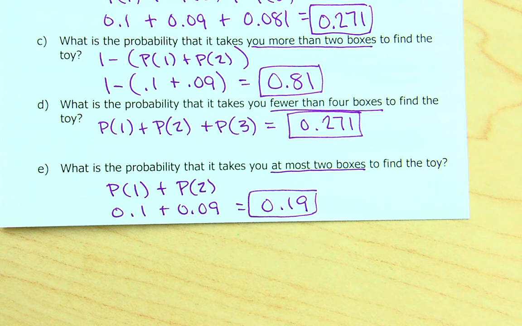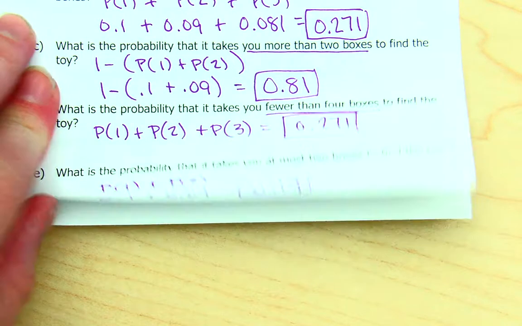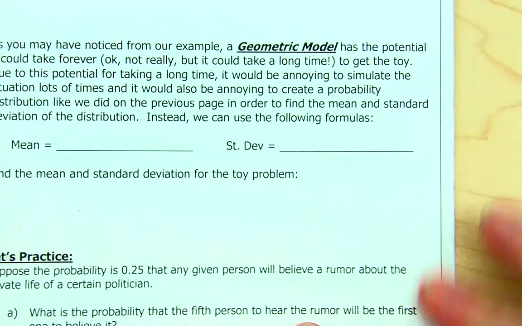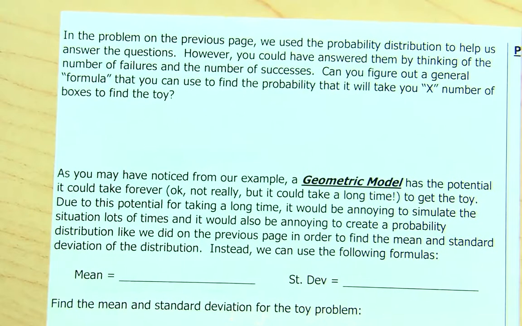We doing okay with that? Do we have questions? Okay, let's look inside. So, we would like to know a general rule. How can we write a general equation for this?